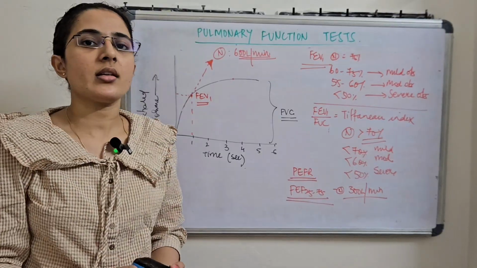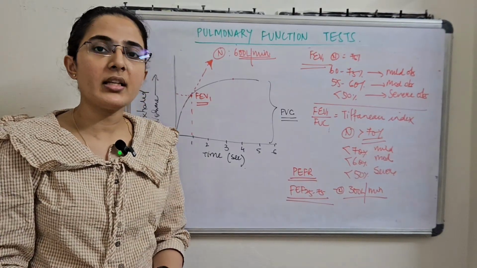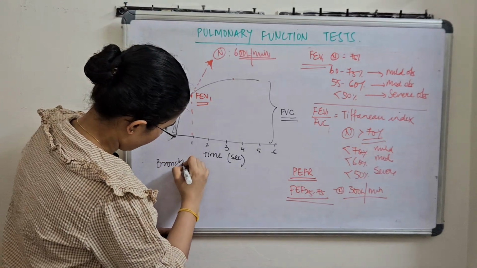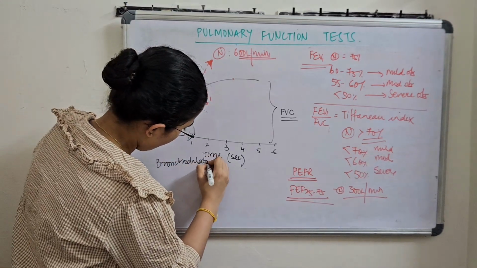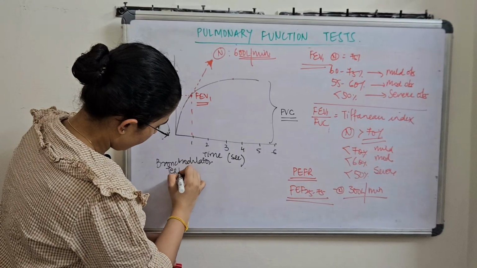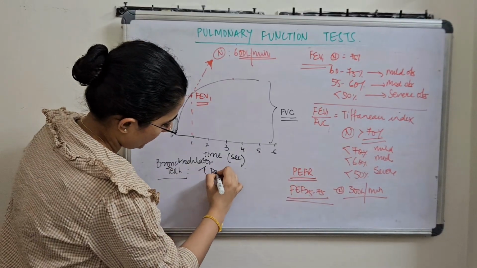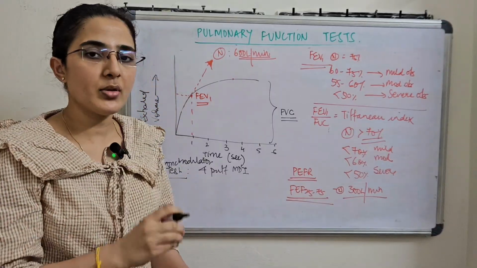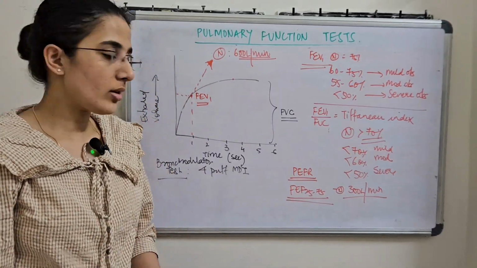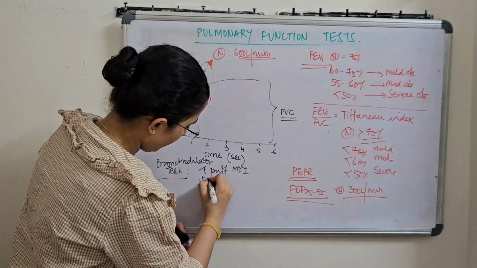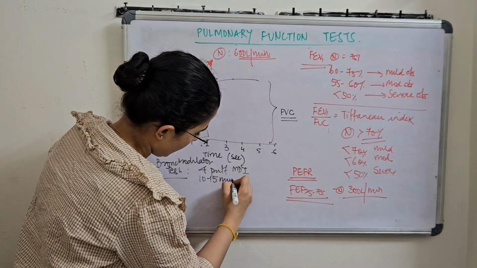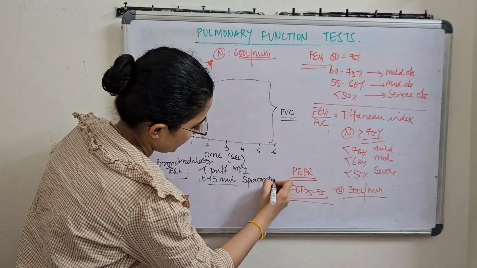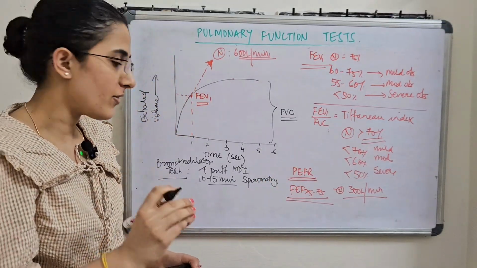Another important test which we perform during the pulmonary function test is the bronchodilator test. In this test, we give about 4 puffs of a metered dose inhaler, either salbutamol or albuterol, and then after 10 to 15 minutes, we do a spirometry to see the improvement of the FEV1.